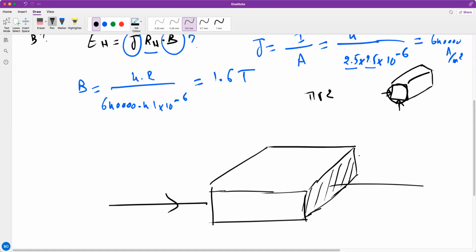If this is B and this is D, then the area will be D times B.